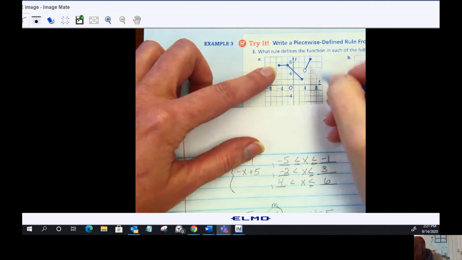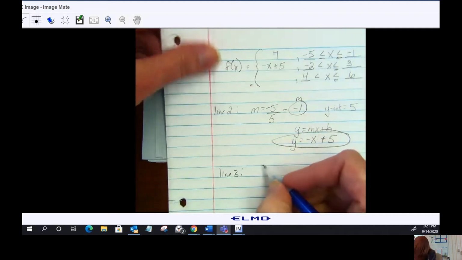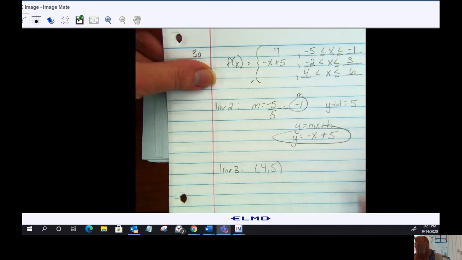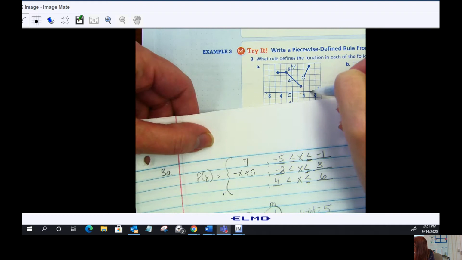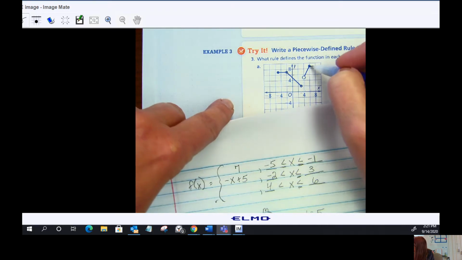So we are at 4, 5. So I'm going to jot this down. 4, 5. And here we are at 5, nope, 6. We're scaled by 2s on this one. 6, 9.